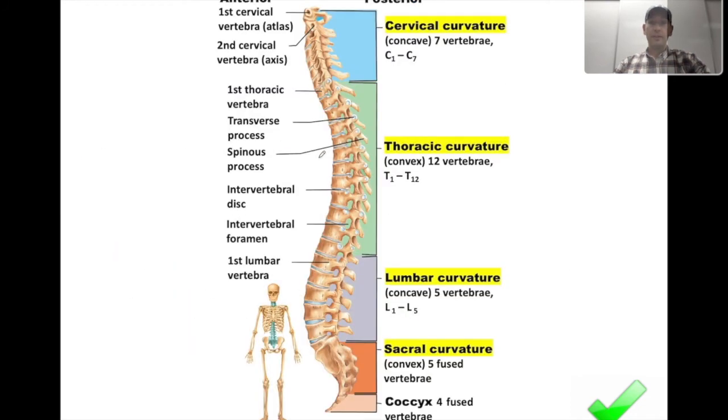Now, the second to the last thing that I wanted to cover is the four curvatures of the spine, the four curvatures of the vertebral column. If you take a blank sheet of paper and you draw this out, you sort of separate these like so.